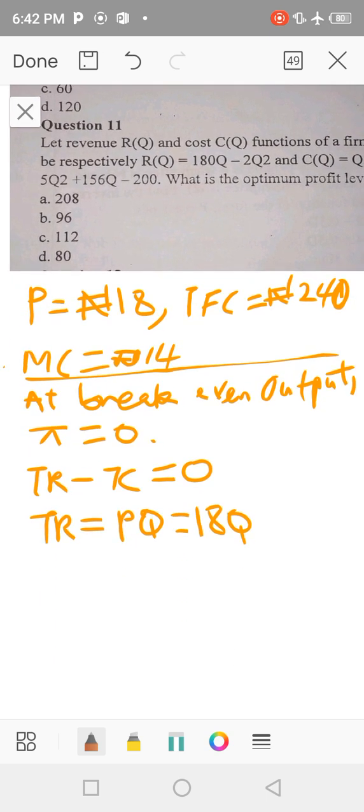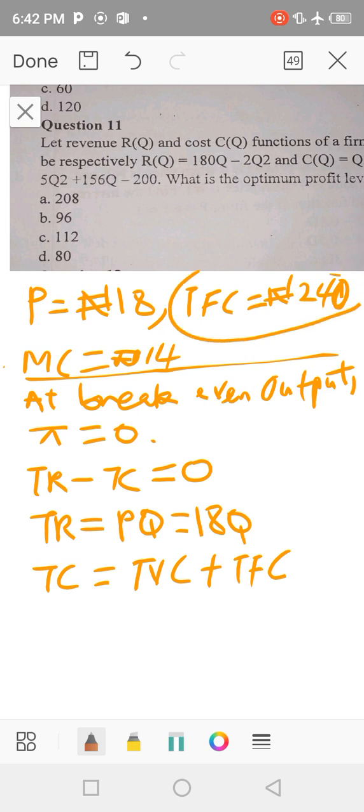Then the next thing to look for is the total cost, the second part of the profit, which is equal to total variable cost plus total fixed cost. We have been given the total fixed cost, so what we'll be looking for is the total variable cost.